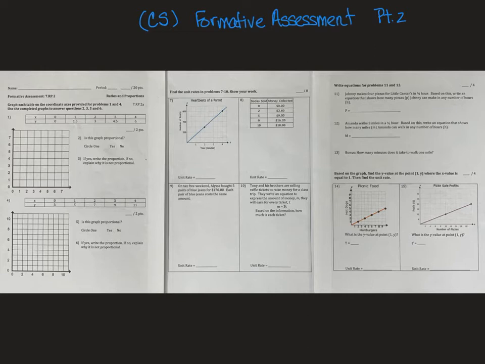Okay, so in the first one, I'm determining proportionality. I look at the table and I say, okay, this is times 1.5, this is times 1.5, times 1.5, and times 1.5.